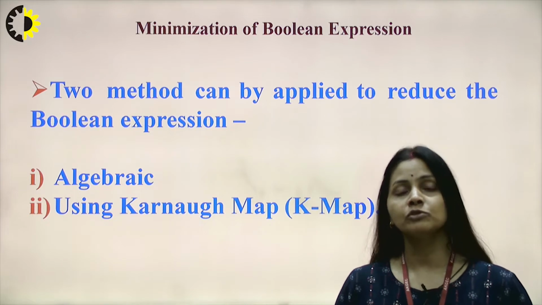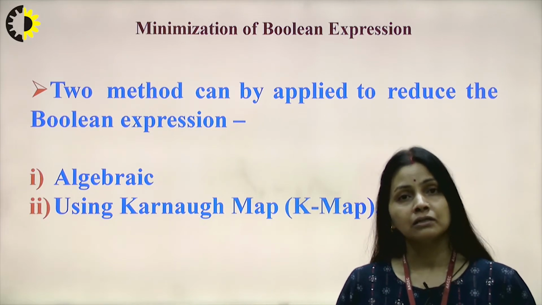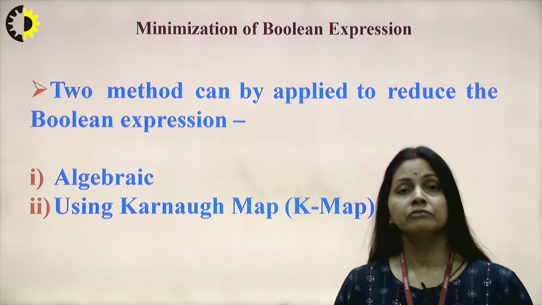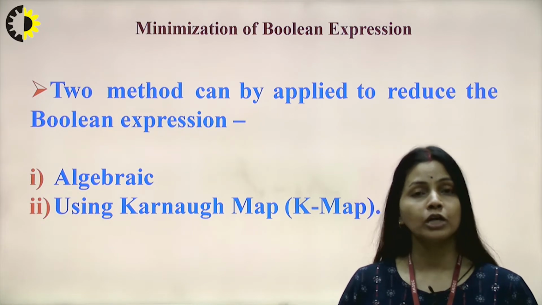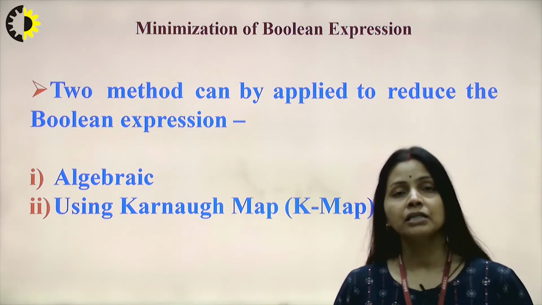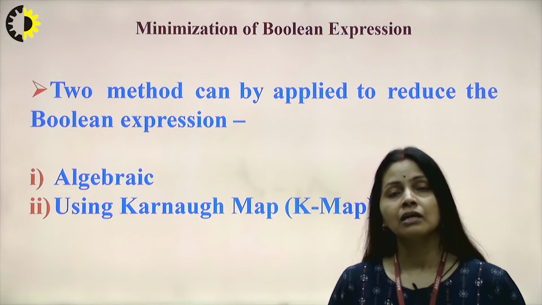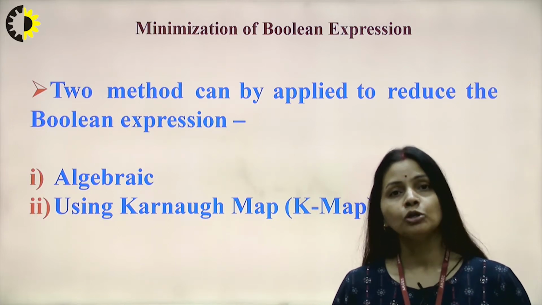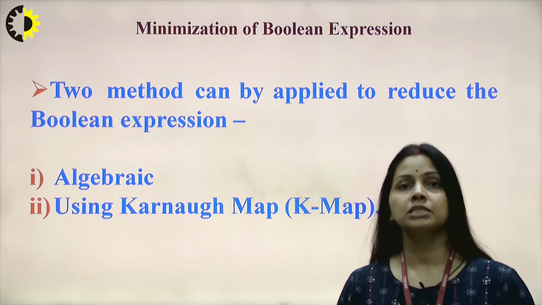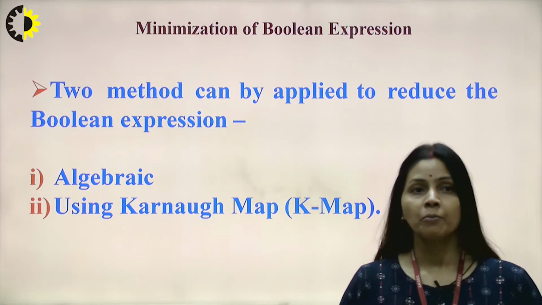So many theorems have already been specified for solving the Boolean expression, but in this video lecture we will study how to reduce the Boolean expression using the Karnaugh map.